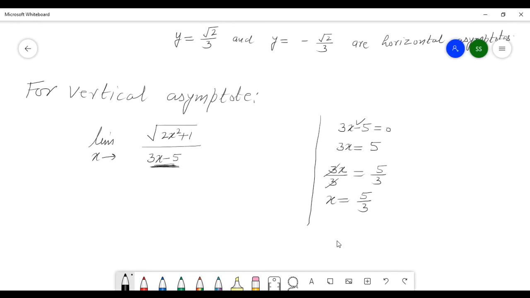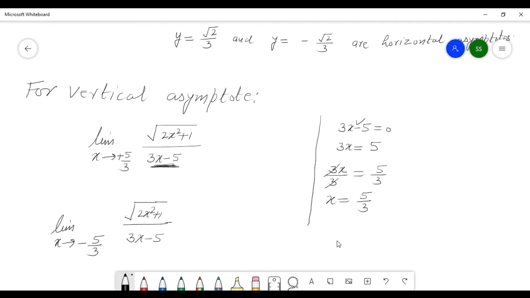One time you take the limit from this side, and the second time you take the limit from the other side. Here we have x squared plus 1 and here 3x minus 5.